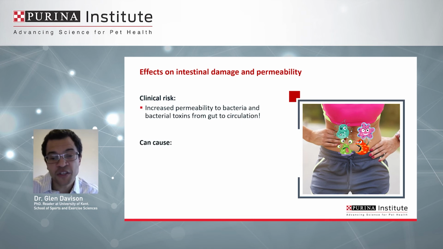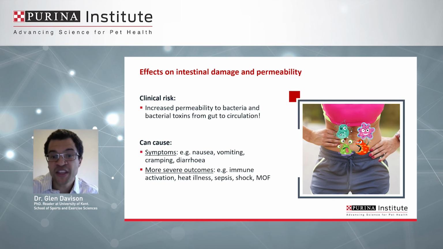But if we put individuals under stress, and in some clinical situations, this increased permeability, which we can get as a result of certain stressors and certain insults, can increase this bacterial or bacterial toxin translocation. And we can start to see an increase in this in the systemic circulation.